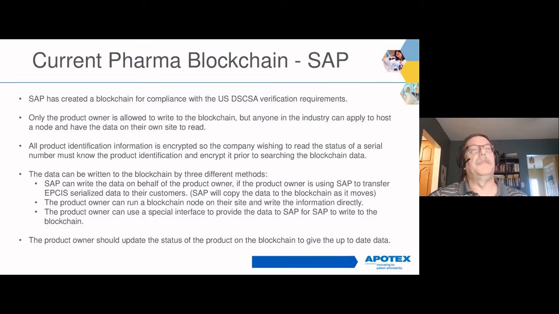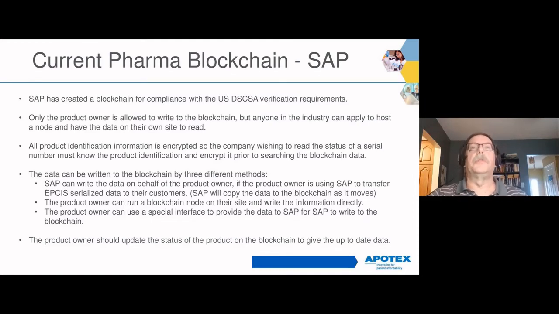And because SAP knows that there are cases where there is no data movement through SAP, or the product owner doesn't run a blockchain, they've also set up a special web interface where you can provide the data to SAP and SAP will write to the blockchain.